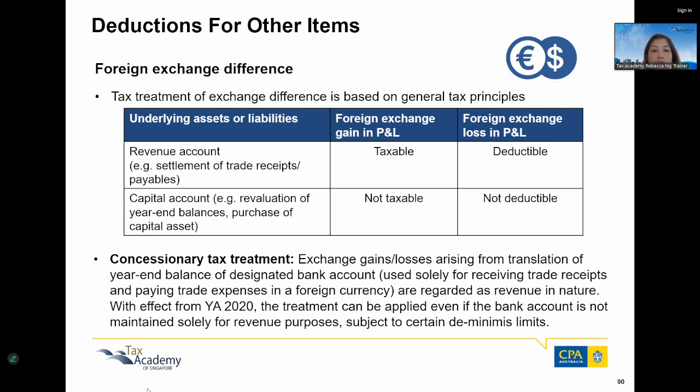Okay, so this is what the slides is talking about, and with effect from YA 20, if it is not a designated bank account, okay, it still can be allowable for deduction, but it's subject to certain rules. Okay.